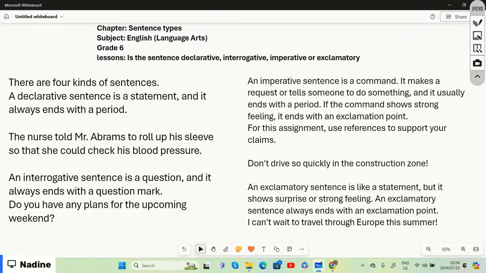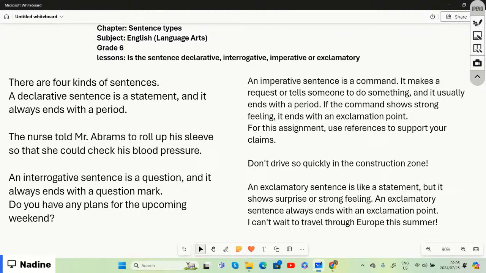When it comes to sentence types, there are four kinds of sentences. We have a declarative sentence, which is a statement. A declarative sentence always ends with a period.